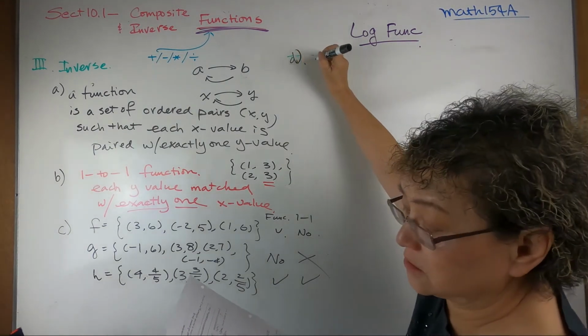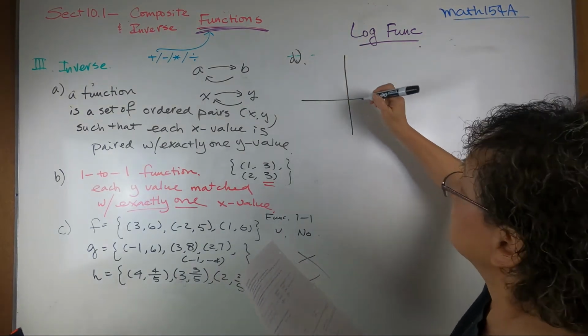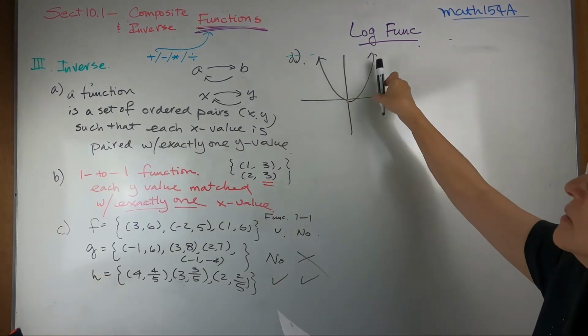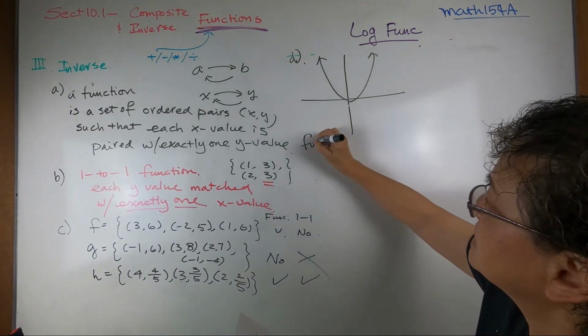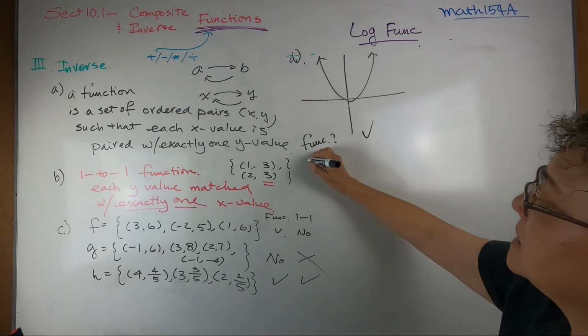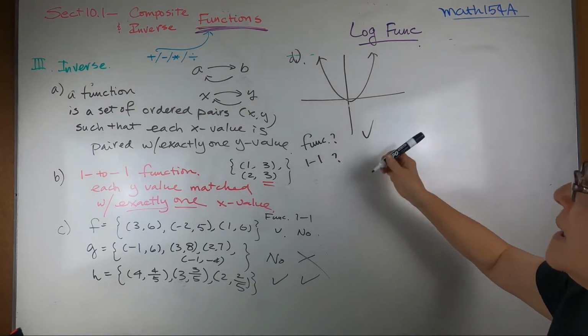So let's take a look more at graphing. Okay, so is this a function by graphing? You use a vertical line test, right? So is this a function? Yes. Is this a one-to-one function? One-to-one is what?